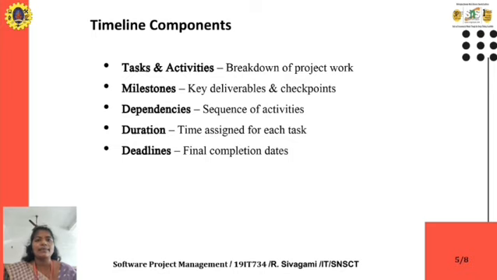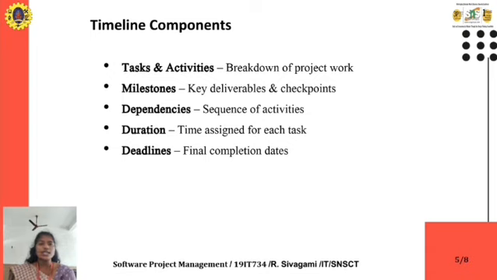And then the dependencies. Dependencies mean a sequence of activities. Because we divide our project into small parts, activities or tasks, we should give a sequence for those tasks. First we execute this task, and the next one this.